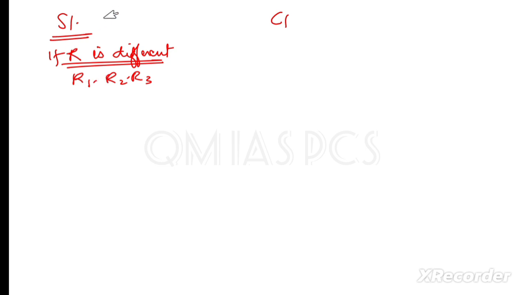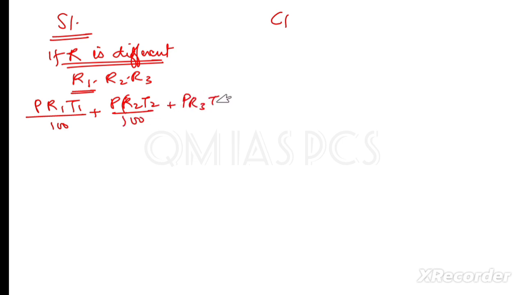In case of SI, we will write P R1 T1 by 100, plus P R2 T2 by 100, plus P R3 T3 by 100. Like this you can just add all the data.